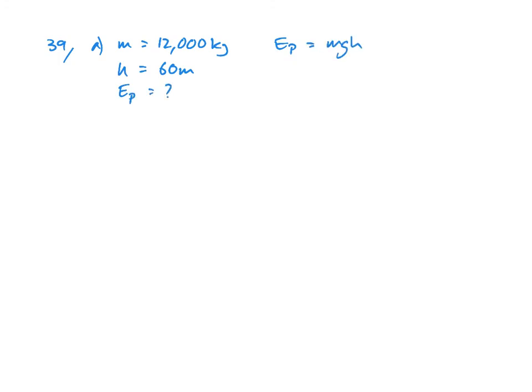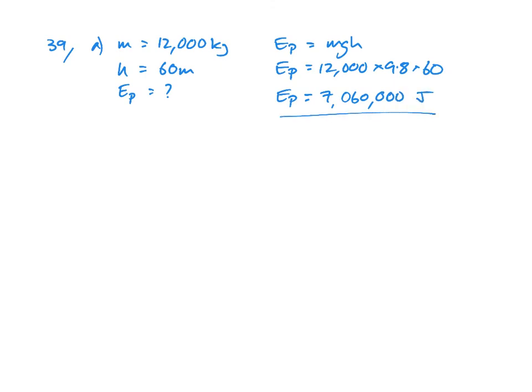Substitution, EP equals mgh, and plug into your calculator. Now there are actually more digits in my calculator, but I'm rounding to 3 significant figures. Alright, just watch that one.